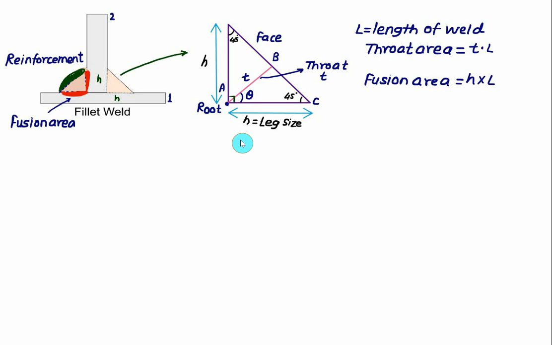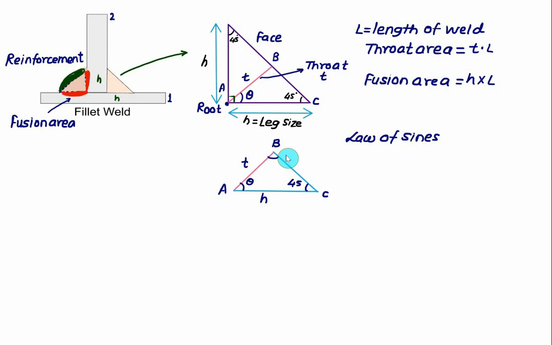So we want to develop the relation between the throat angle theta and the leg size h. So we'll consider one triangle ABC. AB represents the throat dimension, AC represents the edge dimension. This angle is equal to theta. If this angle is theta and this angle is equal to 45, then we can calculate this angle.